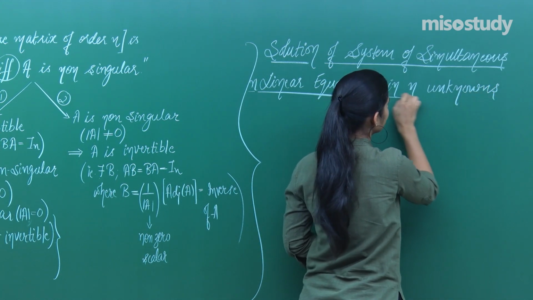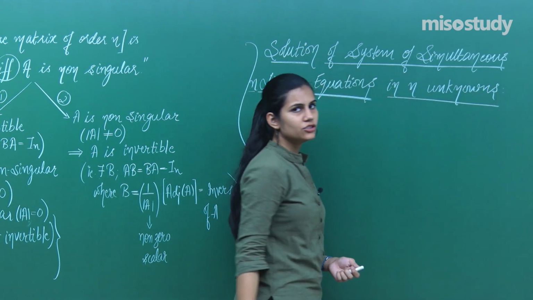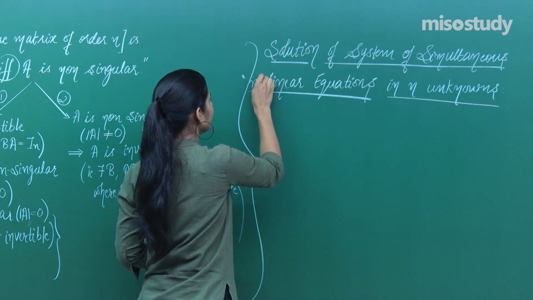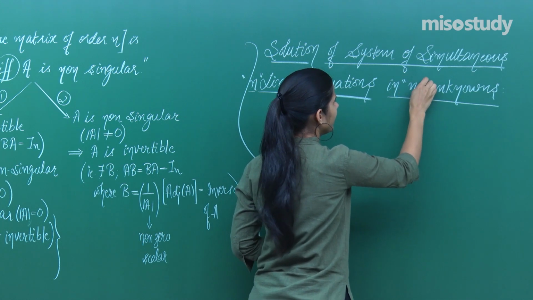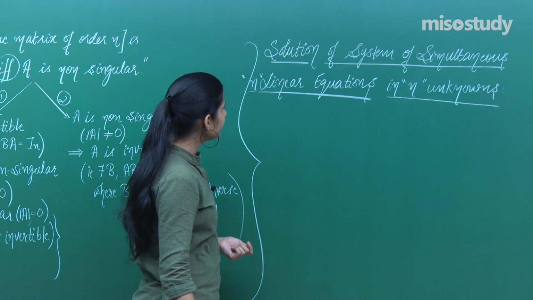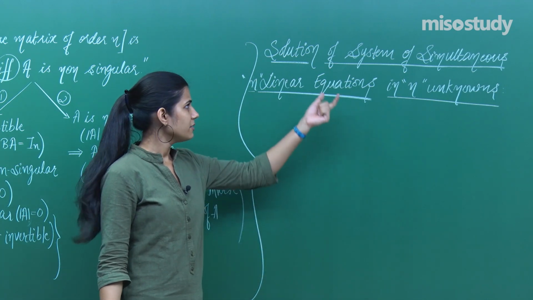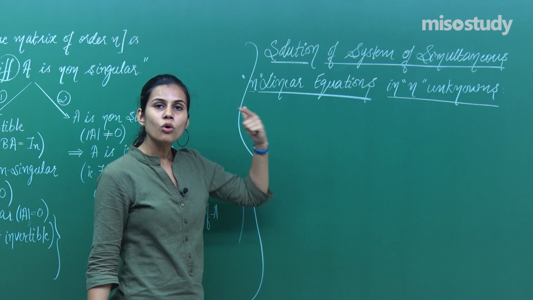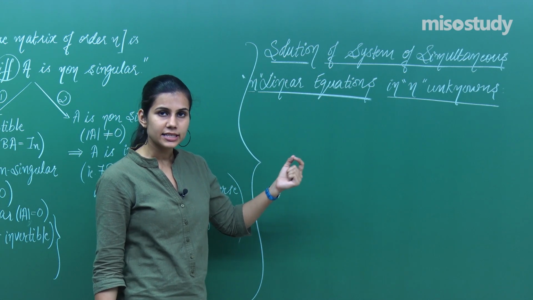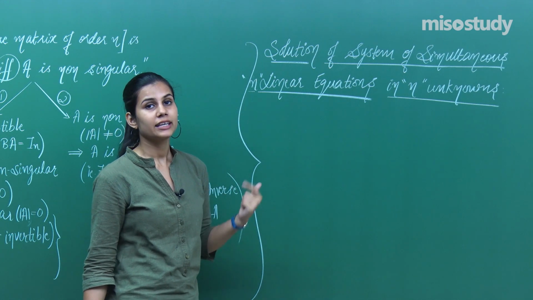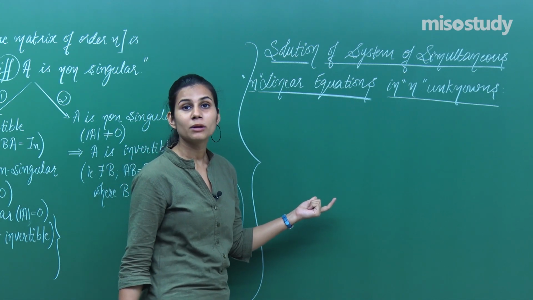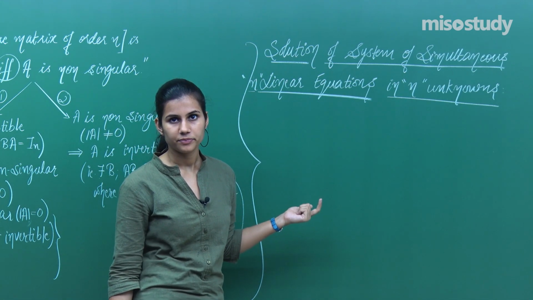I would not be again and again specifying, but our entire attention would be upon this itself, that however many linear equations you will be having, those many unknowns you will be having. Clear? Solution of system of simultaneous n linear equations in n unknowns. So there will be a system, that means more than one linear equation will be occurring at one time. Simultaneously, suppose 3 linear equations will be occurring in 3 unknowns. Fine, and our task is to be able to compute the solution of that entire system.